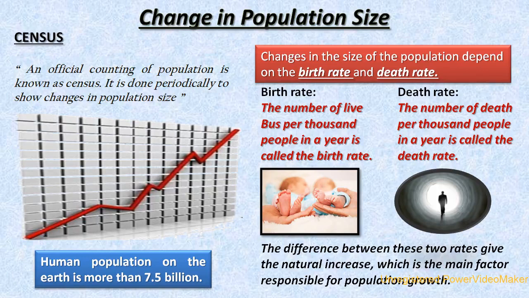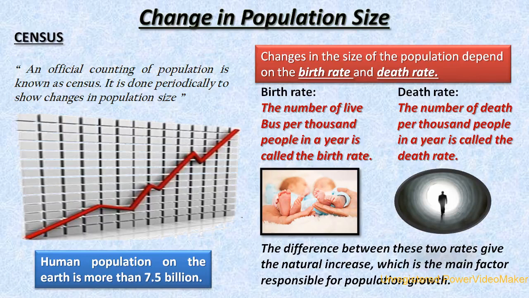The difference between these two rates gives natural increase. That means, say 1 lakh people died in a year and 1,50,000 people were born. So the difference is 50,000. That is the natural increase of the population.